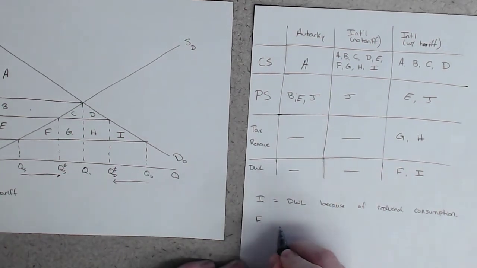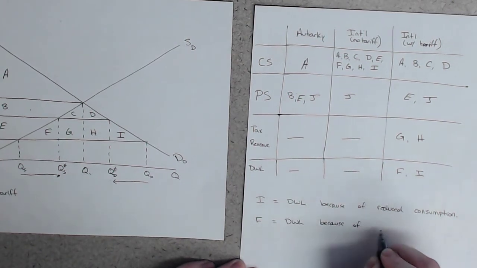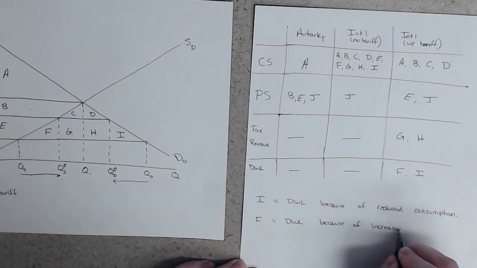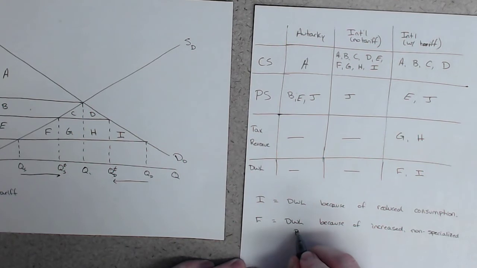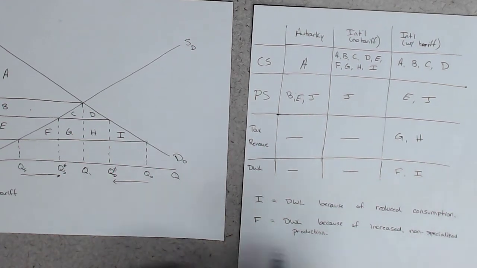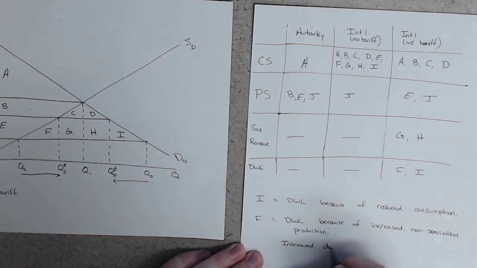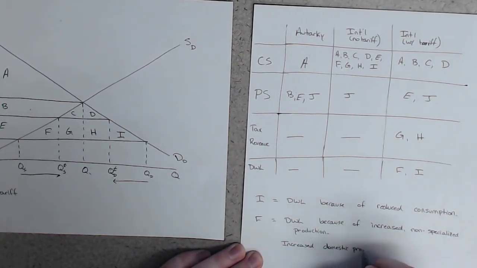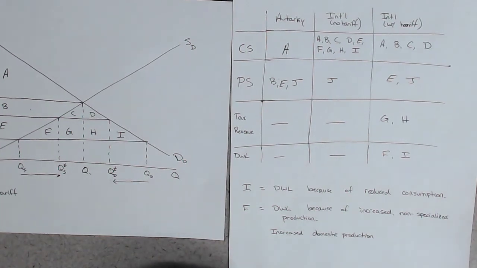But what about F? F is a deadweight loss because of increased non-specialized production. Essentially, F is the increased domestic production, but the domestic producers didn't have a comparative advantage in producing this.